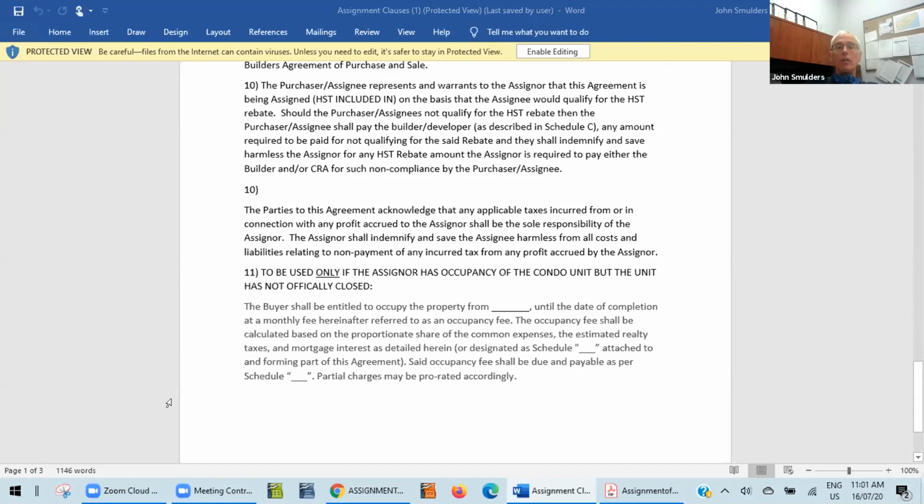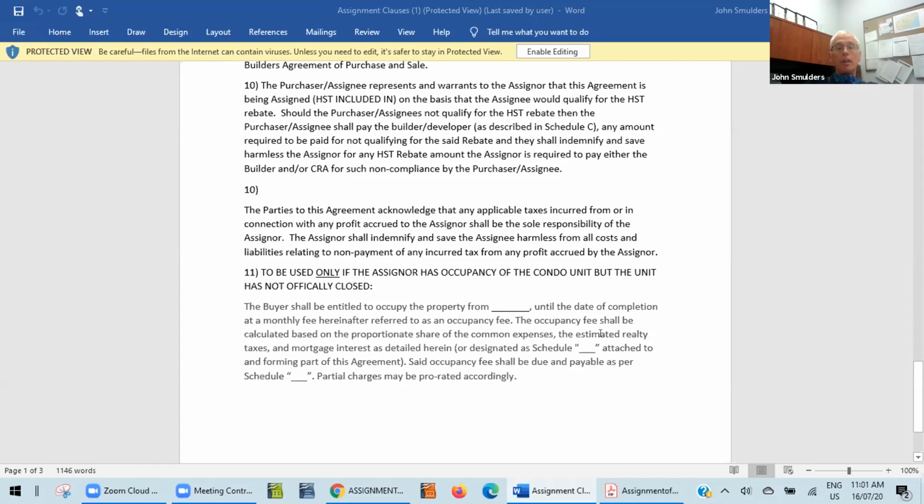So Sanjeev, if there's early occupancy allowed, but the unit has not closed, then you need to include this paragraph as well, that the buyer agrees that they can occupy the property from such and such a date until the date of completion at a monthly fee herein referred to as an occupancy fee. This is all in the builder's contract, by the way.